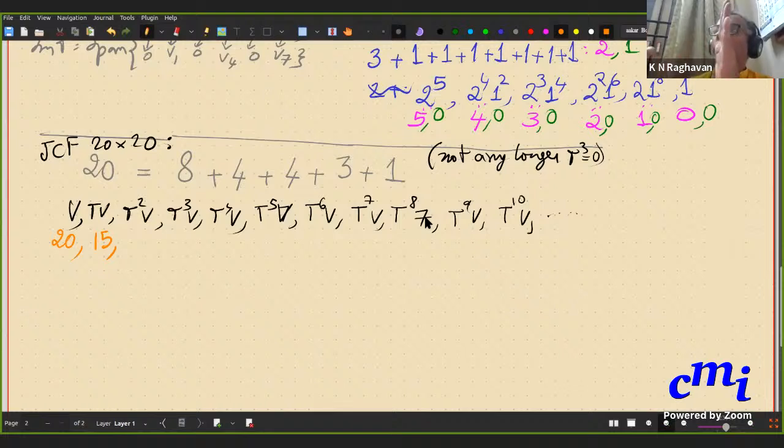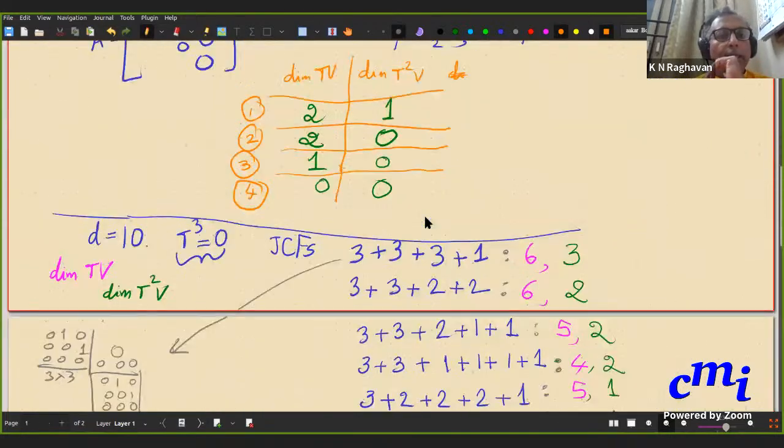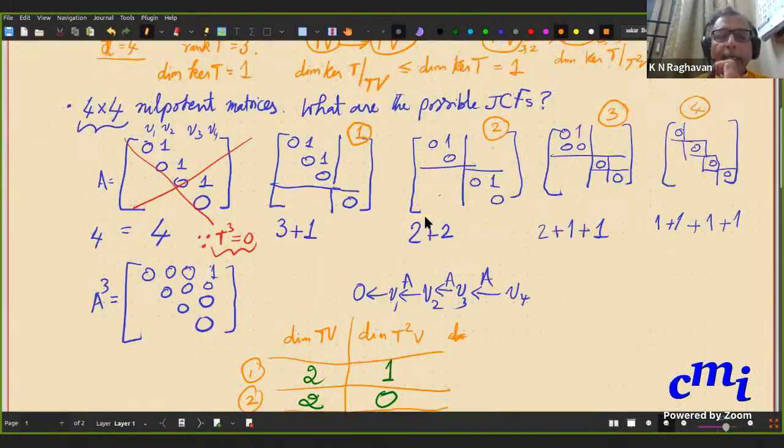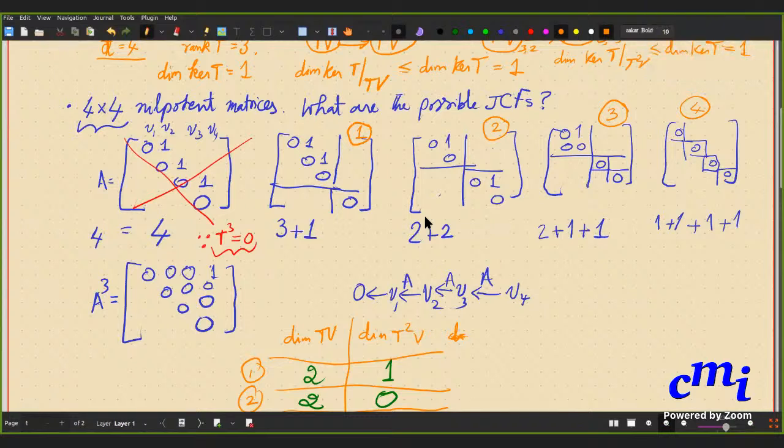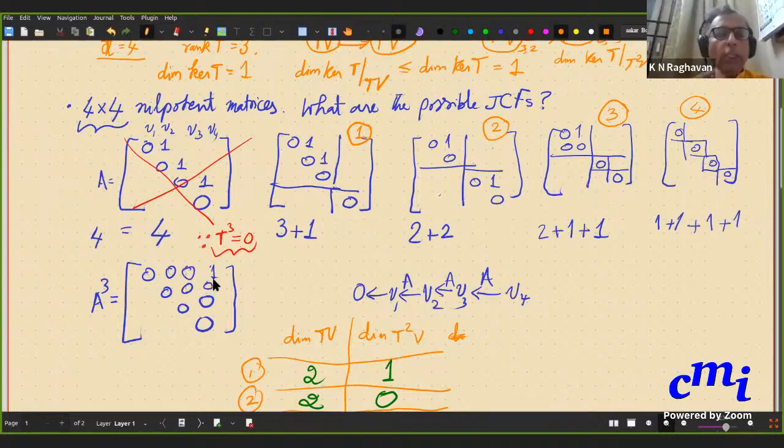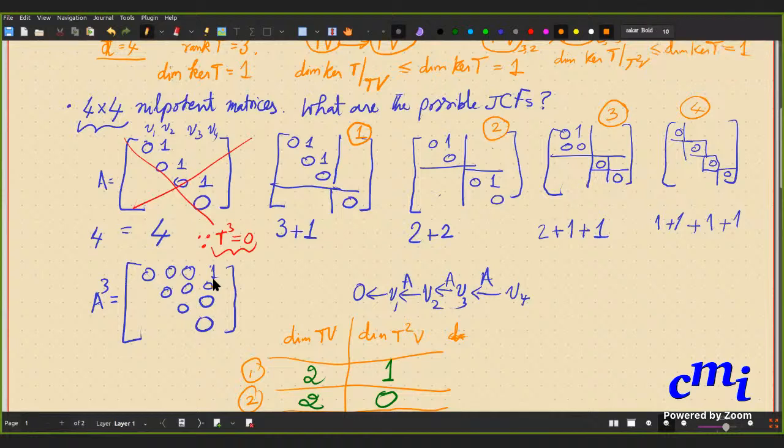If you have a 4x4 block, when I take the square of that, what happens? The square will have these two entries be 1. Each time you square it, it gets pushed further and further deeper.